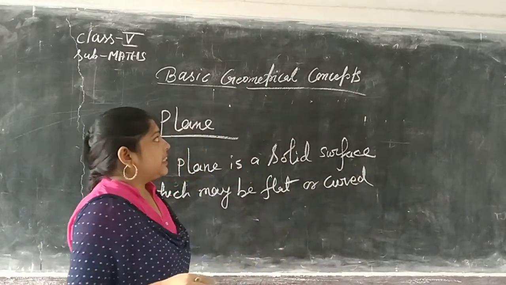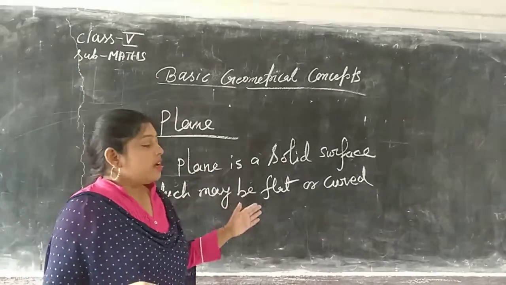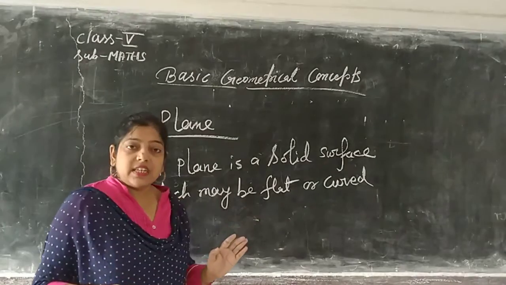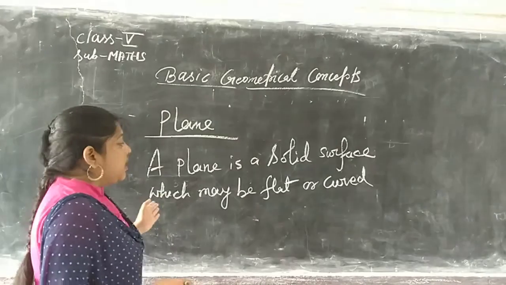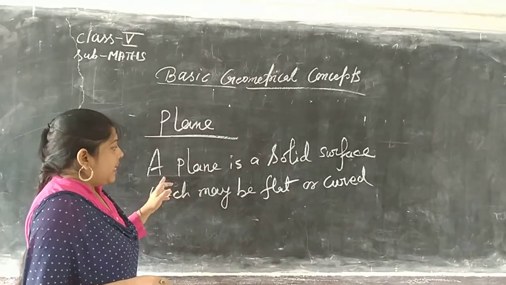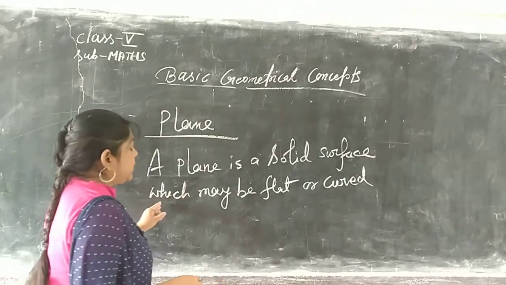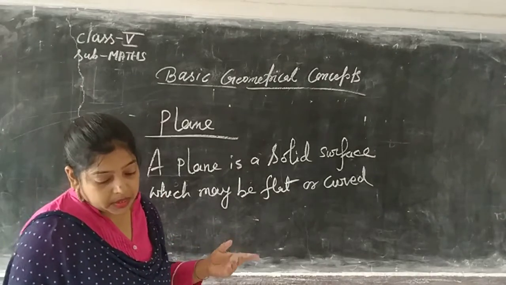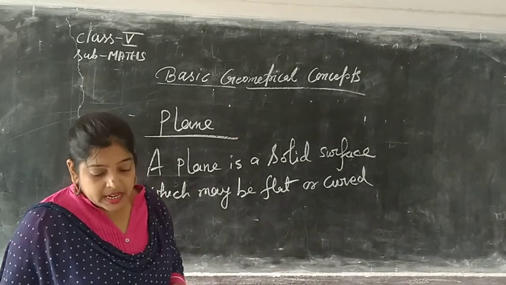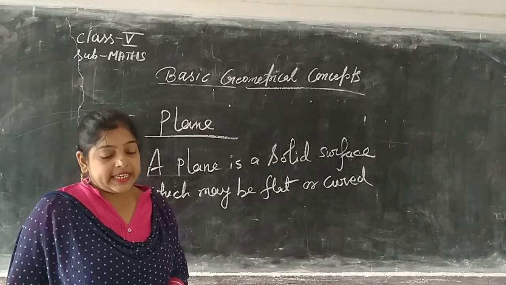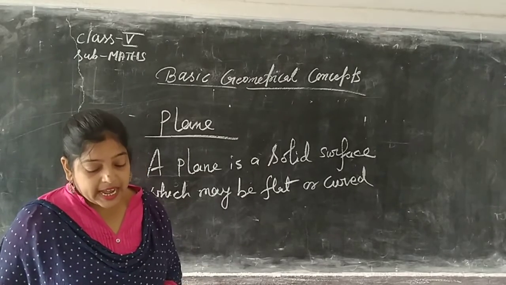Not only you can say only the flat surface is the surface or a plane. No. So a plane is a solid surface which may be flat or curved, having no boundary, and it can be extended endlessly in all the directions.